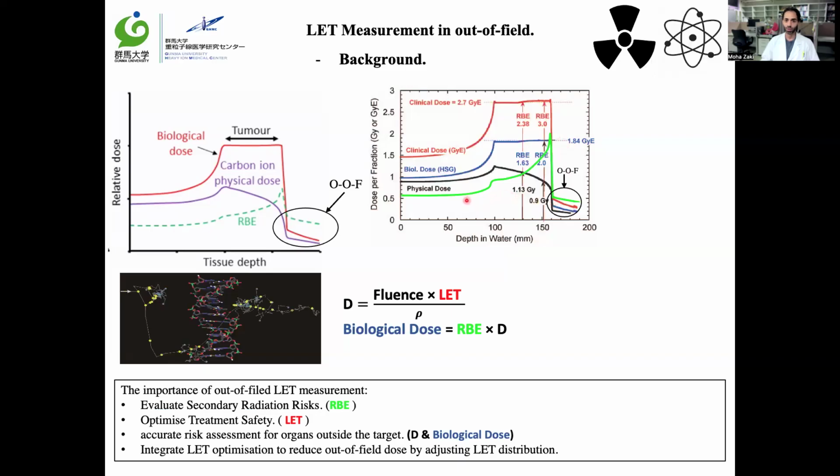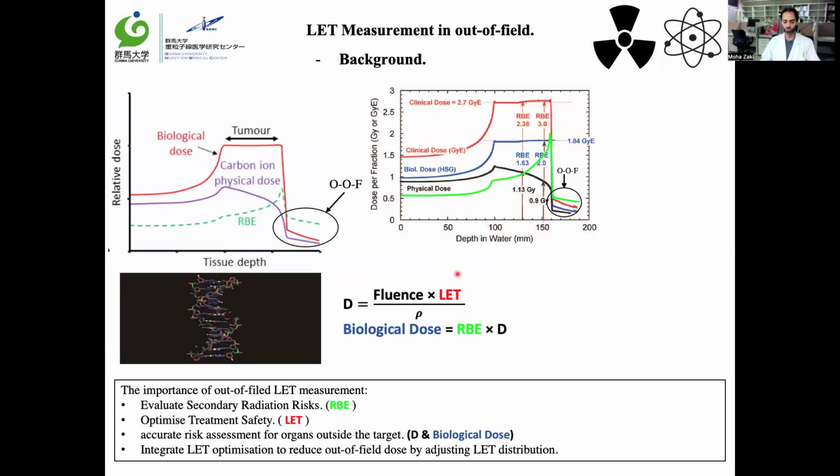To make the biological dose uniform, which is calculated by RBE multiplied by the physical dose, the physical dose must be delivered non-uniformly, in order to balance the difference in RBE, because RBE is changing with LET as well.